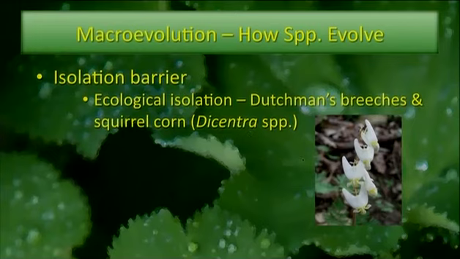They grow together, but their flowering times are different, so they can't breed together. That's an example of ecological isolation. Some people also call it temporal isolation when flowering times are different. That prevents them from breeding with each other, and keeps the Dutchman's breeches and the squirrel corn populations separate from each other, so they're different species.